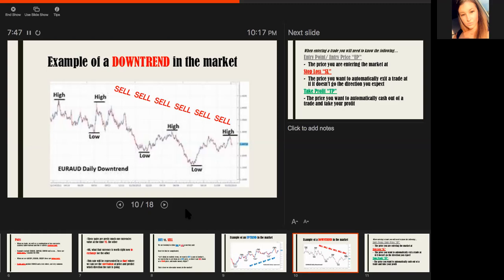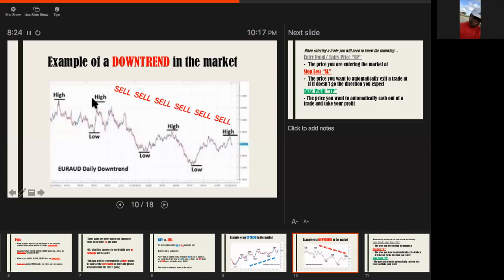Okay, and same thing goes for a downtrend. So right here in a downtrend, we're looking to sell. We're going to start with our high up here, and then we're going to create a low. The market is going to create a lower high than this previous high. So if we draw a trend line straight down, the market is still going down. Even though in between it's jumping around, creating these lows and highs, we want to go high, low, lower high, lower low.